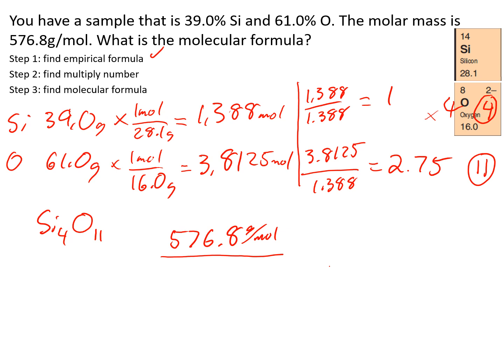So 16 times 11 is 176. 28.1 times 4, that's 112.4. Okay, when we add these numbers up together, we get our empirical molar mass. So I'm going to do that, 112.4 plus 176 equals, and I get 288.4.